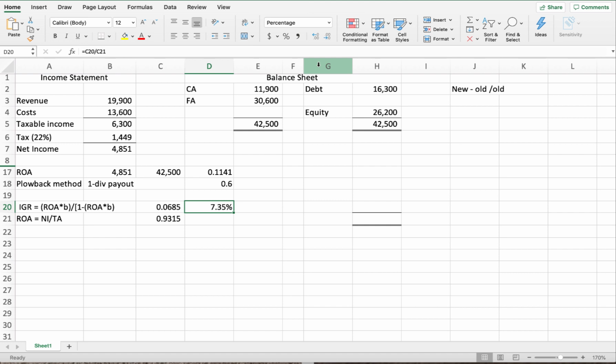It's the first thing we got to notice. Second, how do I calculate the plowback method? Well, it's 1 minus the dividend payout ratio. Cool. How do I figure out the internal growth rate? I need to remember my equation: ROA times the plowback ratio divided by 1 minus ROA times the plowback ratio. So this, my friends, is my internal growth rate. Boom. And that is number 4.